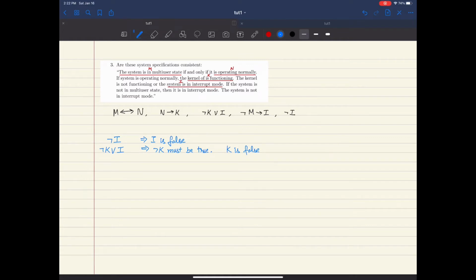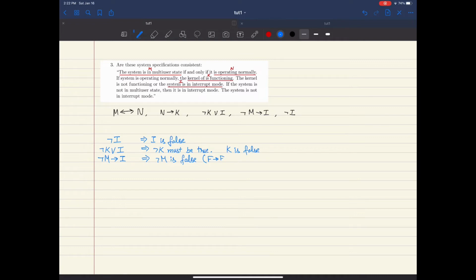The third one is not M implies I. Now, since we know I is false, for the whole statement to be true, the left side or the hypothesis also needs to be false. So not M is false, because false implies false is how we make it true.